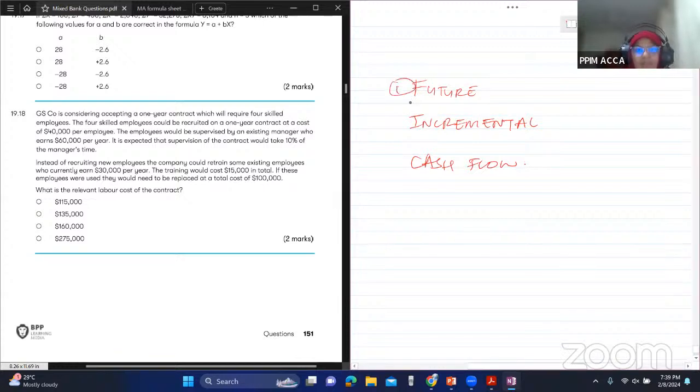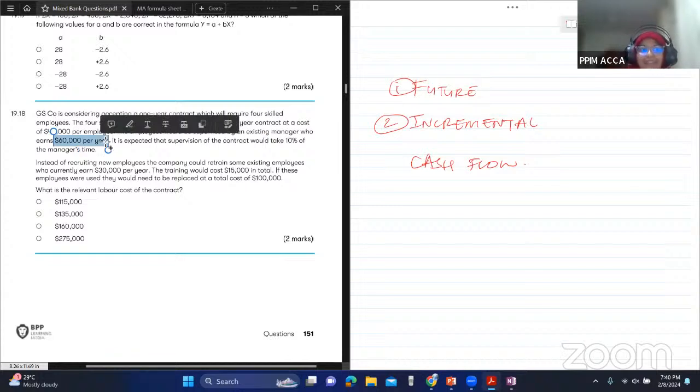First thing. Next thing is it has to be incremental. That means you have to incur this cost only if you take up the new contract. So for example, look at this supervisor. He is earning 60,000 per year. Even if you take this new contract, he will supervise. It will take 10% of his time, but still he's earning the same 60,000.